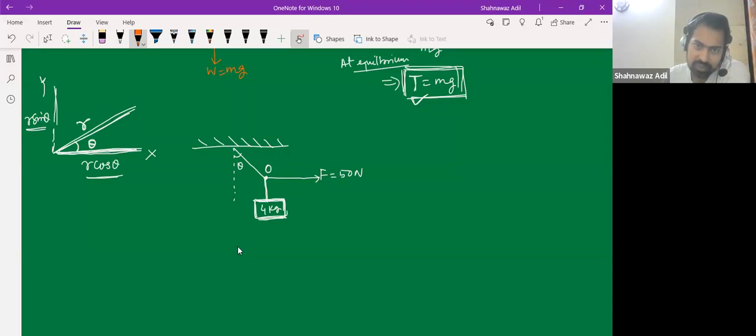Two. Absolutely correct. What are the forces? Gravitational force, so one is 4g. And the other one is tension, in the upward direction. Let me mark that as T.